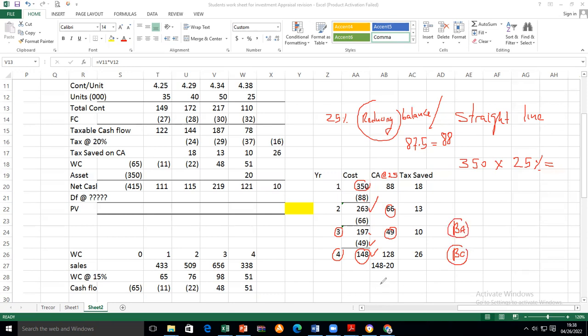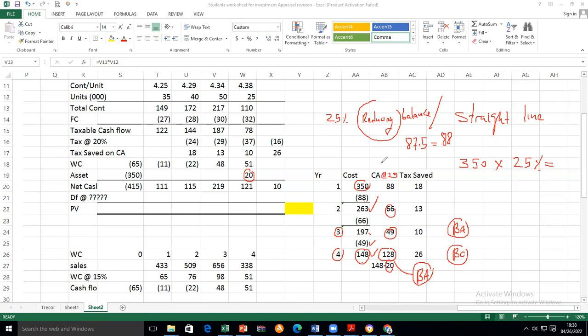How? We take 148, we subtract the disposal proceeds, the 20. So 148 is what has not been claimed. You take out how much you recover from the sale and you arrive at a value of 128. This 128 is not the capital allowance. We call it a balancing allowance. So this is 128 balancing allowance.